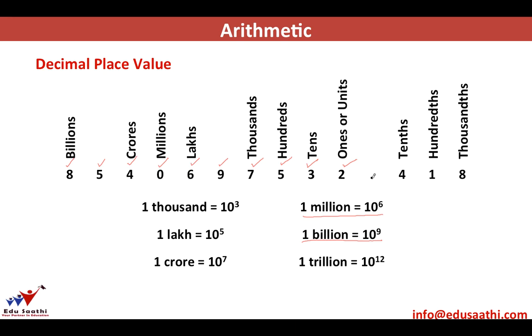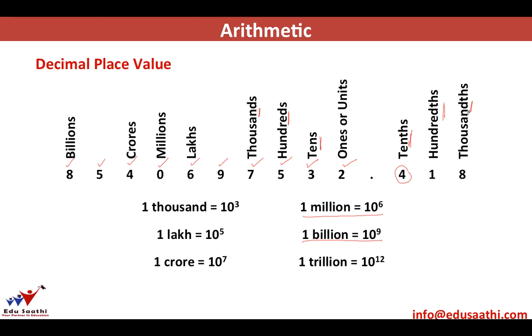And the place values after the decimal point are different. The first one will not be units, it will be tenths. So there is a difference. This is hundredths. 1 by hundredth, thousandth, this will be divided by thousand.